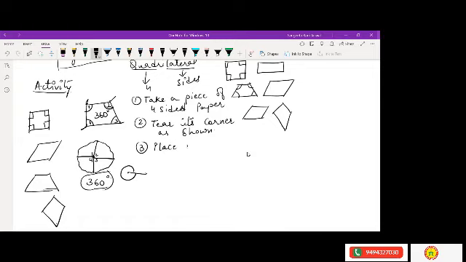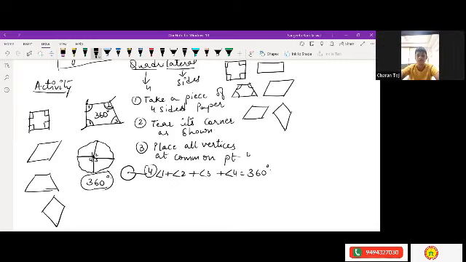Place all vertices at a common point. And finally, observe that angle 1 plus angle 2 plus angle 3 plus angle 4 is all coming to be 360 degrees. Right?